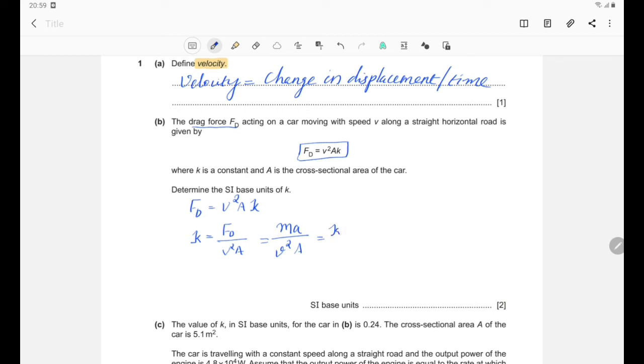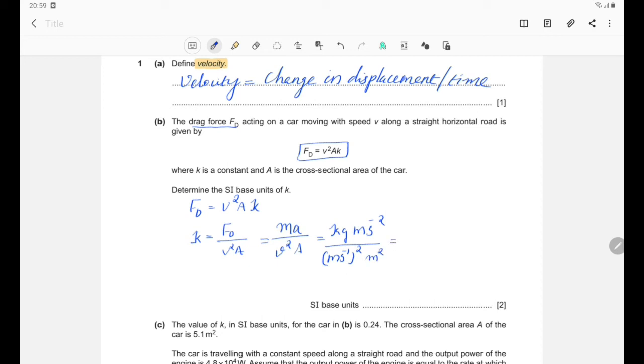It's kilogram. And the SI base unit of acceleration is m s^-2, over the base unit of velocity, m s^-1, but here it is velocity squared, so you have to square the unit of velocity, times area. The unit of area is meter squared.